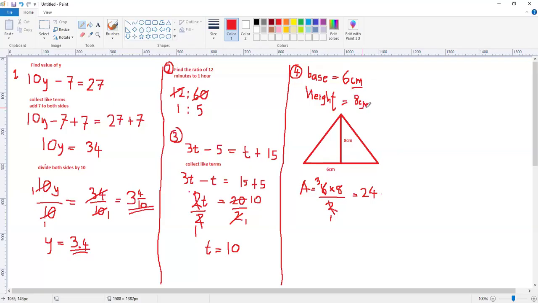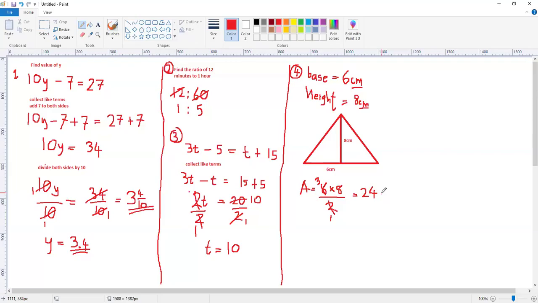I'm already done with the 2, we're done with the division. It's not 24 over 2 anymore. The 2 has already cancelled out the 6 to give you 3. That's how you got 24, 3 times 8. Do you understand?